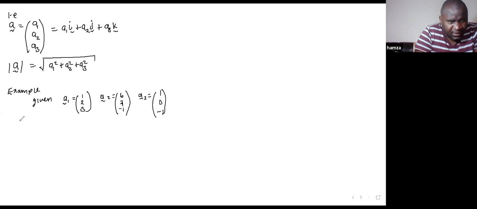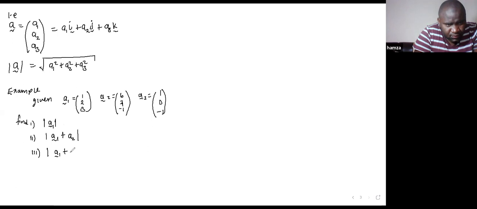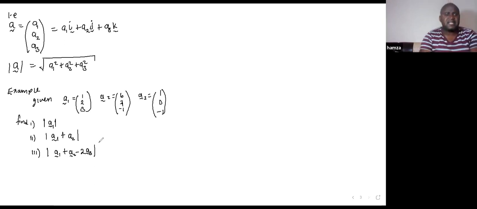They can ask you to find: one, the magnitude of vector A1; two, the magnitude of vector A1 plus A2; three, the magnitude of A1 plus A2 minus twice A3. All these are vectors.